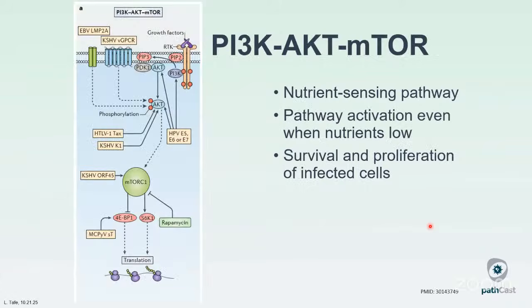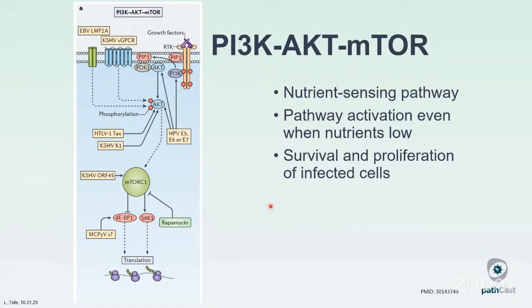Some of the pathways are just outlined in the next several slides. You can see in the little tan to orange boxes the various viruses and their oncogenic proteins that have different effects at various places in the pathways. The arrows indicate an activating effect, and the block sign indicates an inhibitory effect.